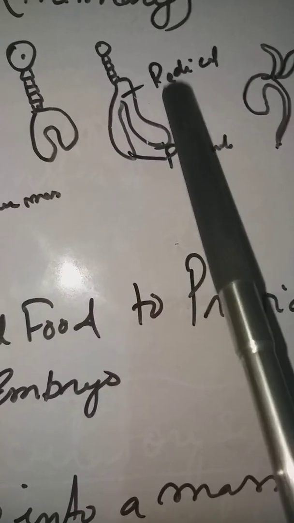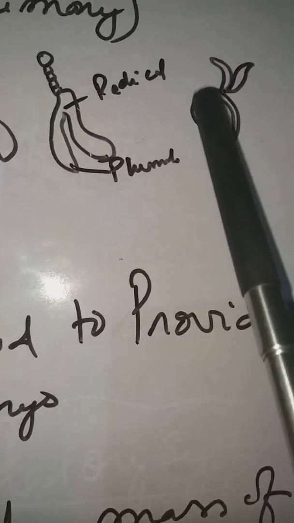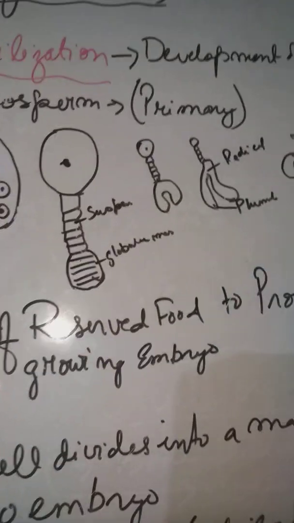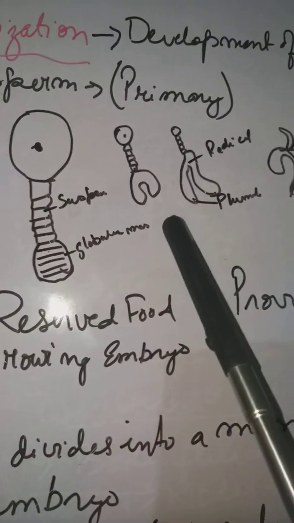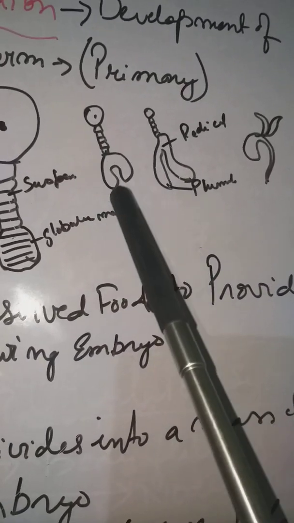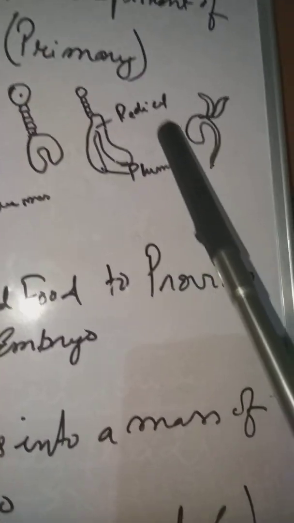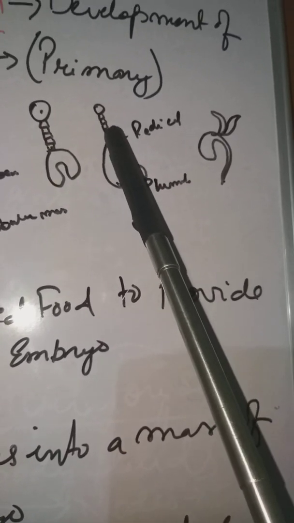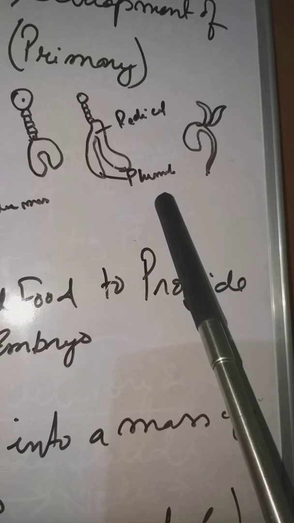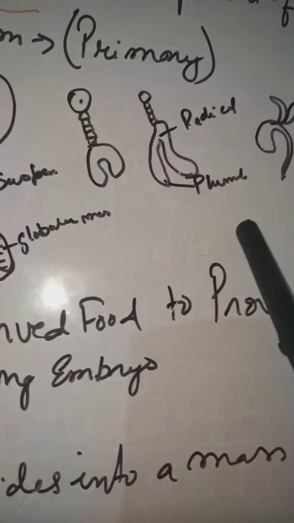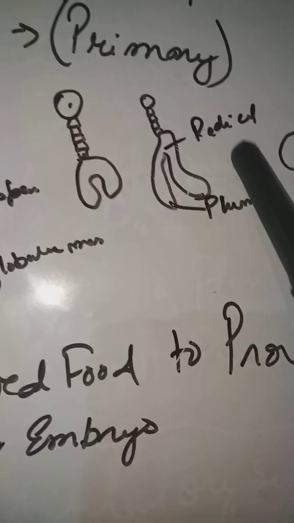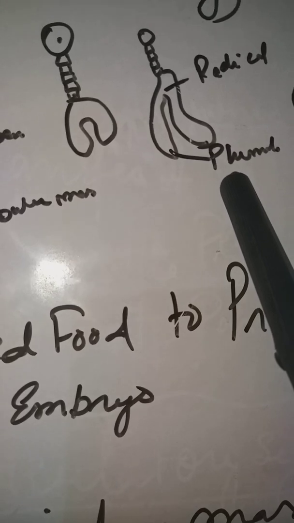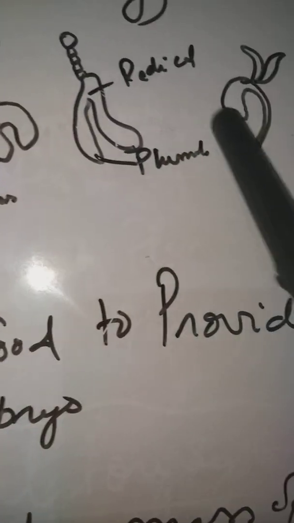Now what I was talking of, what appears as a heart-shaped structure comes like that and develops a leaf-like structure. This part is the radicle, R stands for radicle, and this is the plumule, and this actually gets a turn.